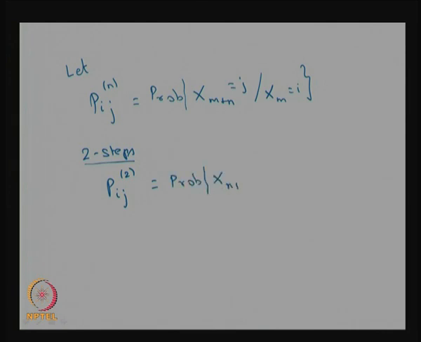That is, X_{n+2} takes the value j given that X_n was i. This is true for all n, because the DTMC is time homogeneous.